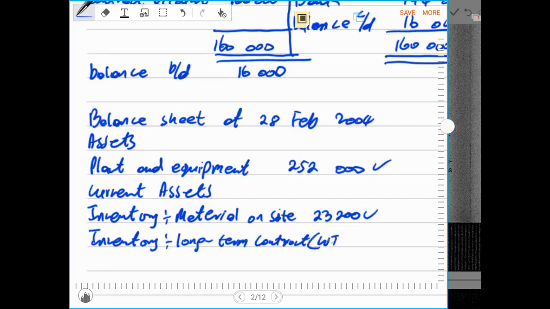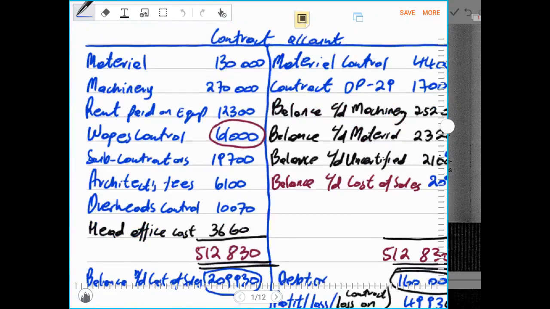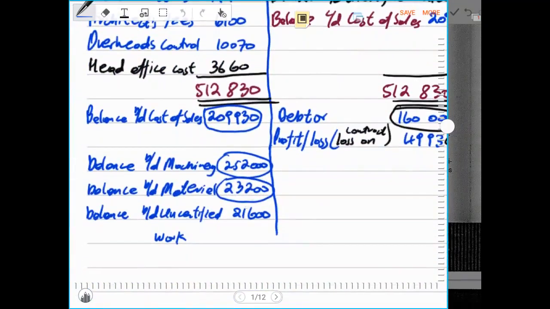Work in process is an asset. So this will be recorded as 21,600 rands. Work that is still in process is 21,600.